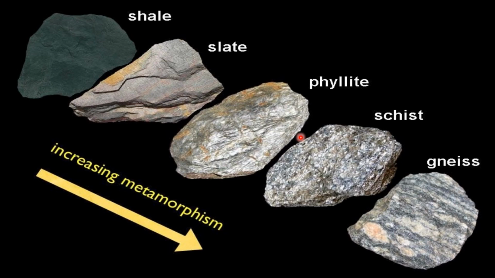And then, due to the increasing temperature and pressure, it may also change again into another type of rock, which is the gneiss. Again, this is an example of metamorphism. The slate, the phyllite, the schist, and the gneiss are examples of foliated metamorphic rocks.